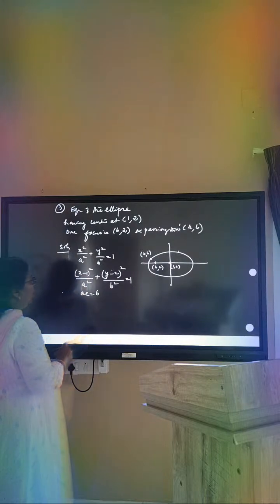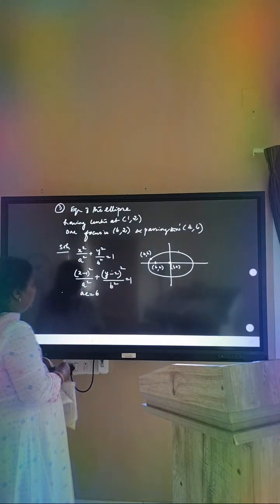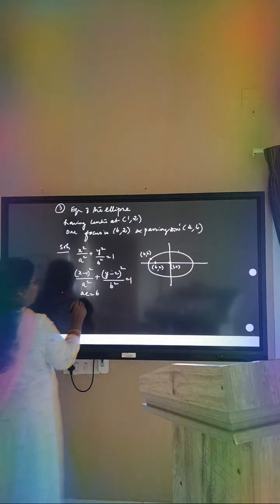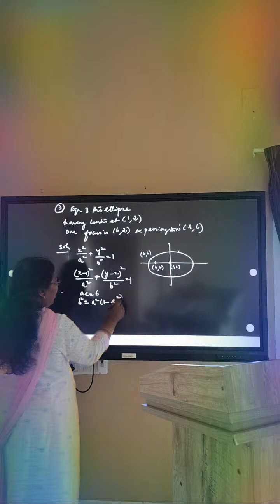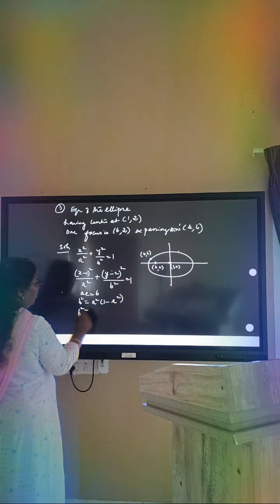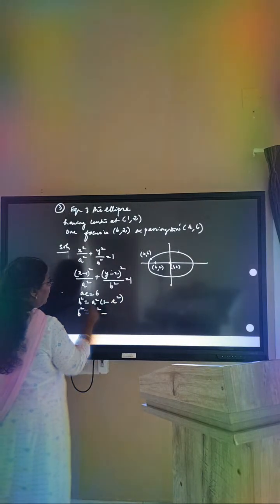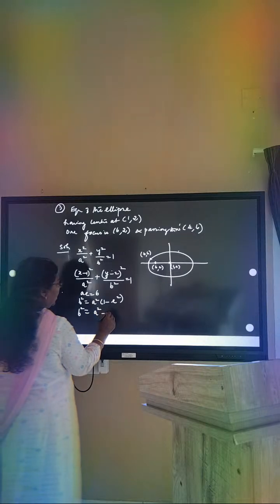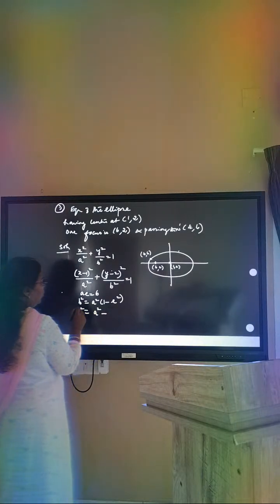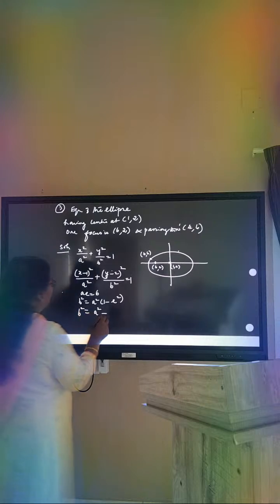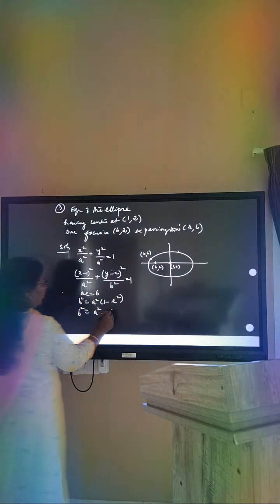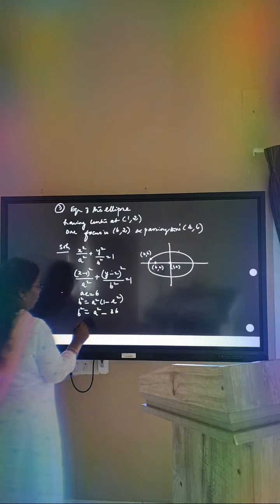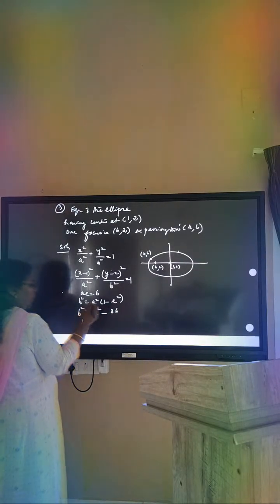So you have a e is 6, right? And we know that b squared is equal to a squared into 1 minus e squared, and therefore your b squared is equal to a squared minus a e the whole square, which is 36. So a e is 6, and therefore a e the whole square is 36, and therefore you can write b squared is equal to a squared minus 36.